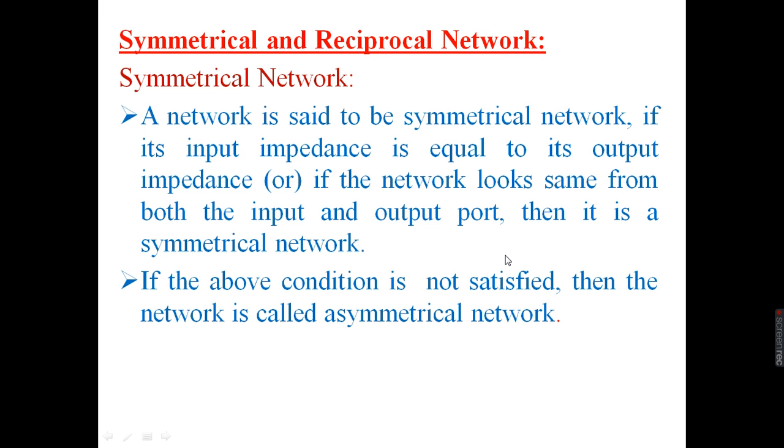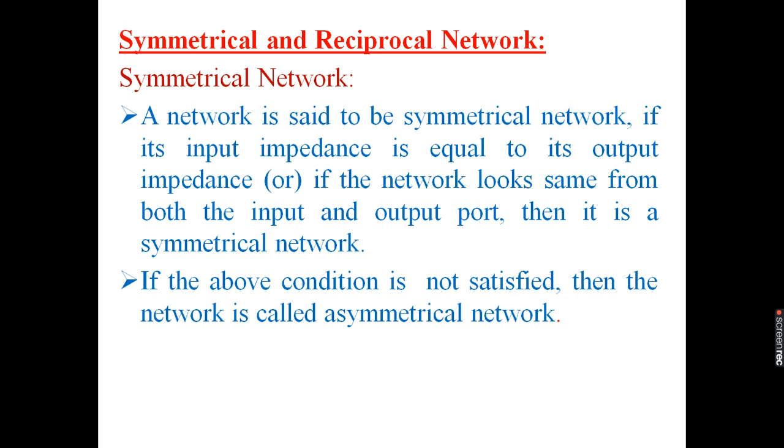The next important topic, before going deep into the subject: we must know what is meant by a symmetrical and a reciprocal network. A symmetrical network is this: we have two ports, as already seen, and if we measure the impedance at the input port, called the input impedance, and if it is equal to the output impedance, then we say that the network is a symmetrical network.